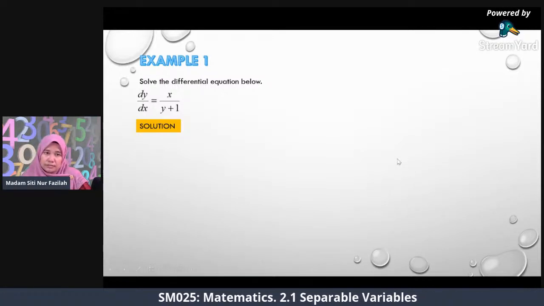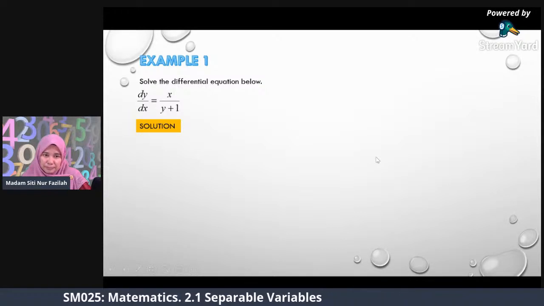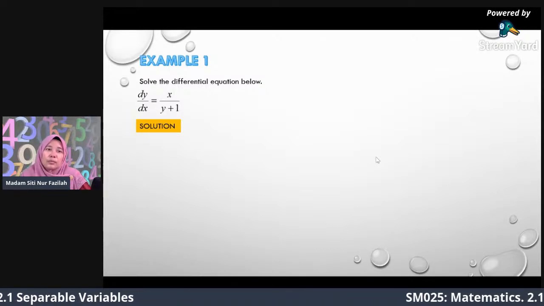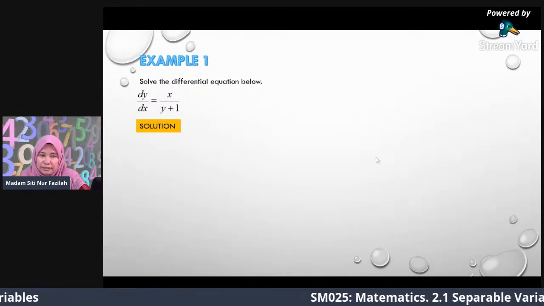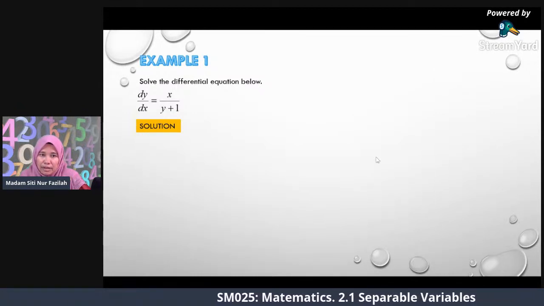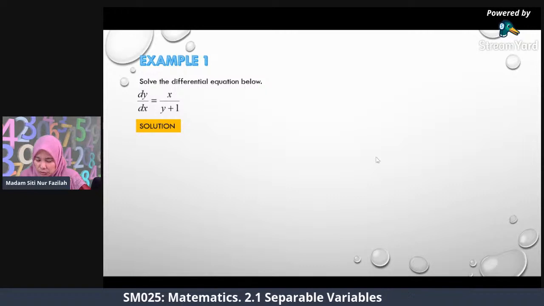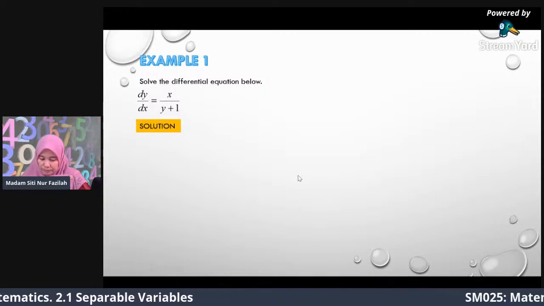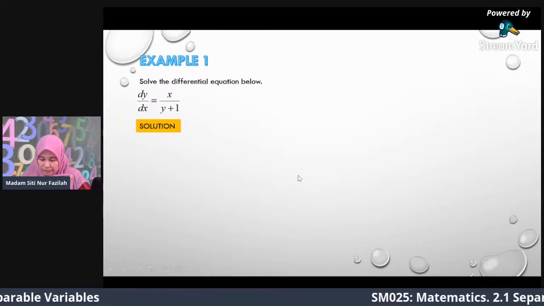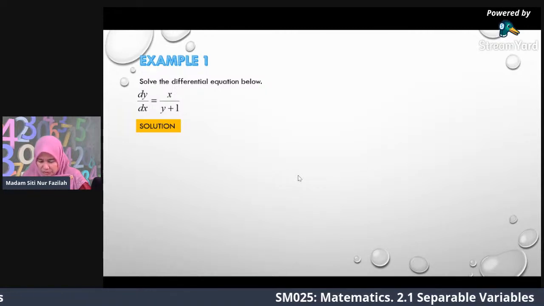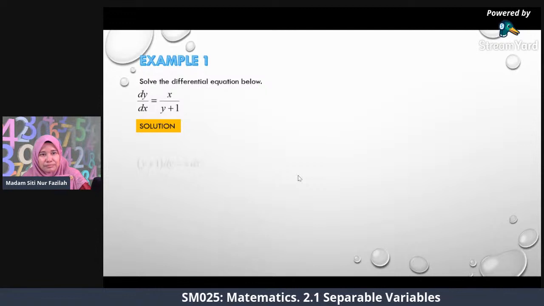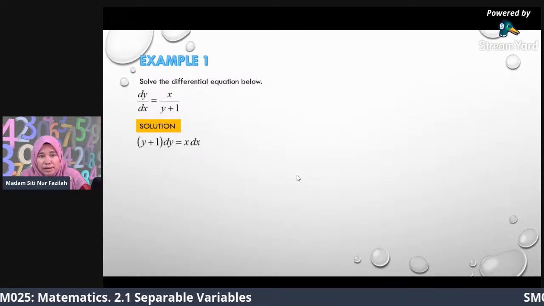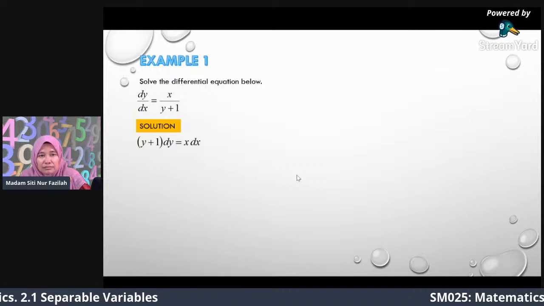For the solution, we know that we can separate the function p(x) and the function q(y). How to separate? First, we need to multiply with y plus 1 on both sides.